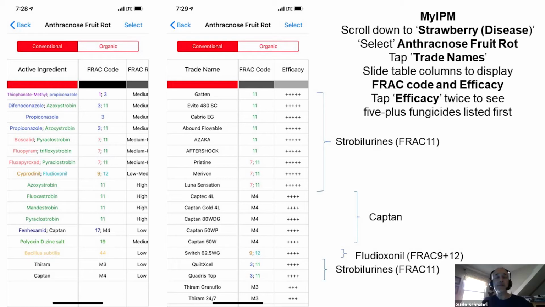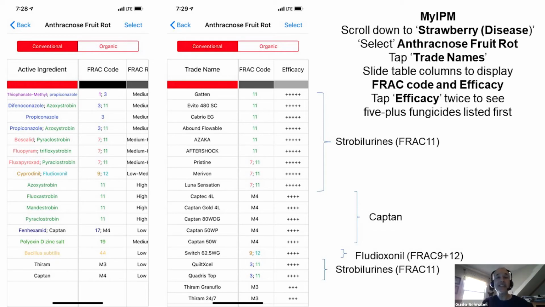This is the MyIPM interactive table for anthracnose, and I'm showing this just to illustrate how easy it is to get an overview of what is actually working against anthracnose disease, for example. If you go to anthracnose, and then you go to the active ingredient table, and you push the FRAC code button, you can sort all of those active ingredients.